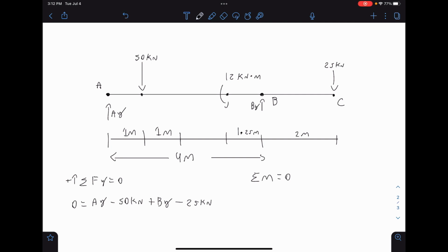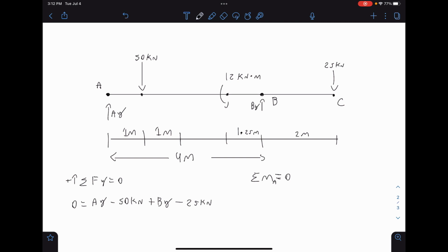Now, let's take this moment at point A. And since we took it at point A, we are not going to include the moment at A. You see how that reduces our unknowns to only one, because AY is not needed, and we just use BY.